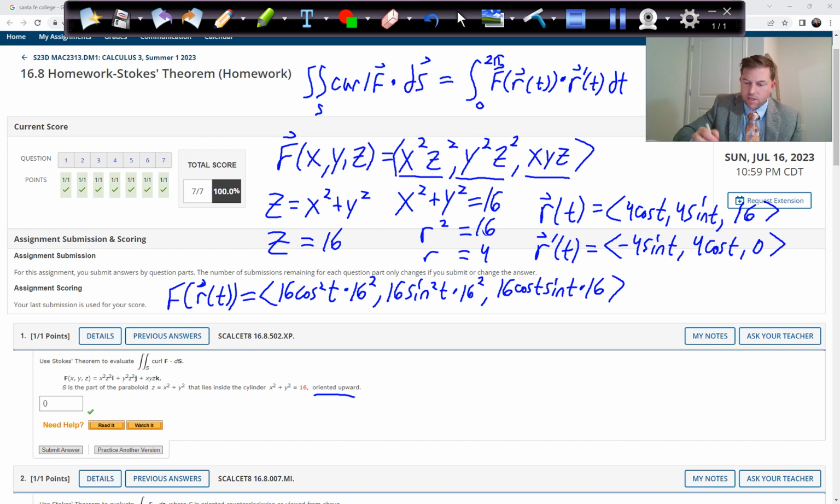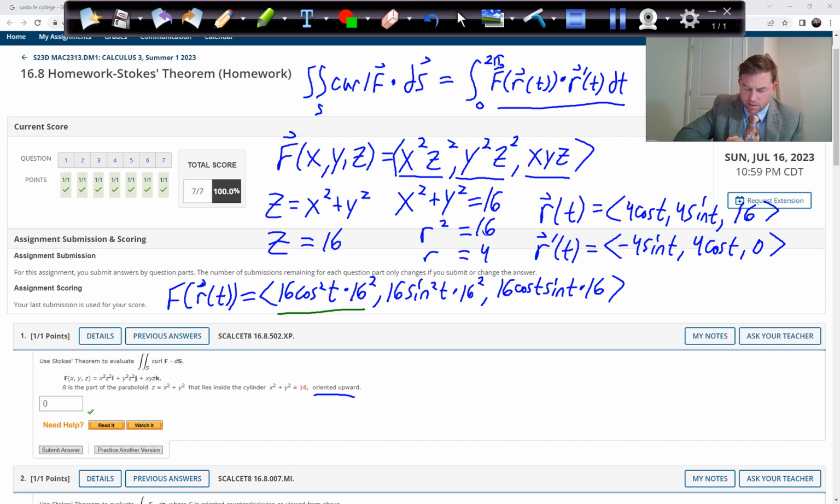Now the formula says to dot that with the derivative. So we're going to have 16 times 16 squared. What does that turn out to be? 4,096, is that right?